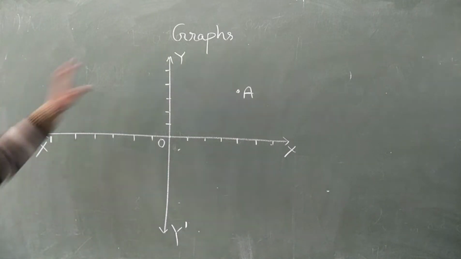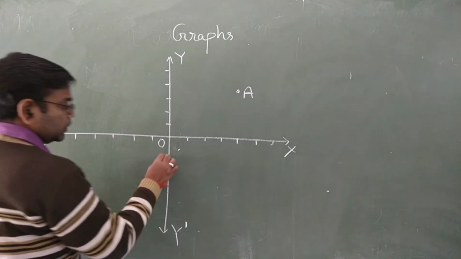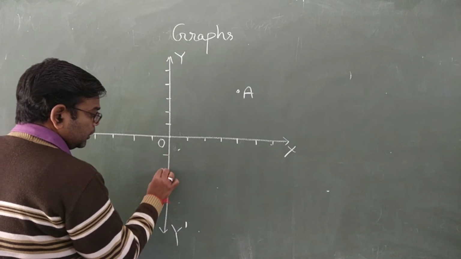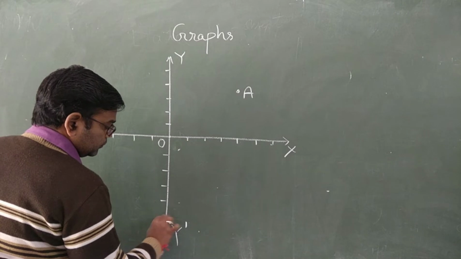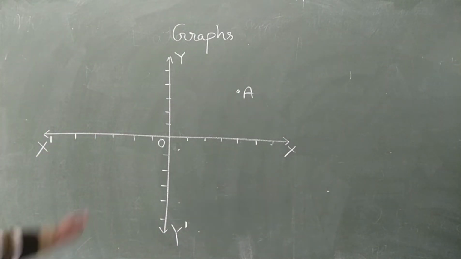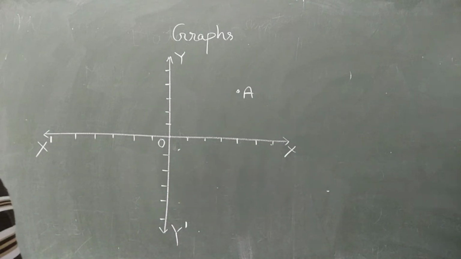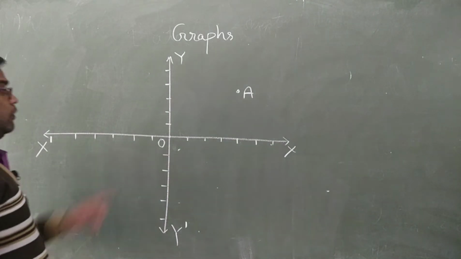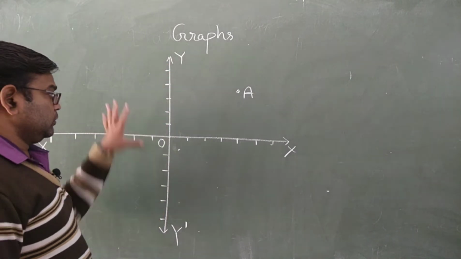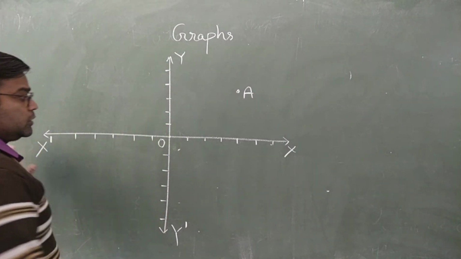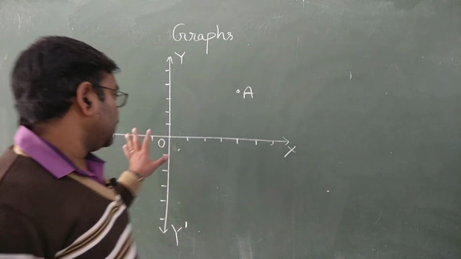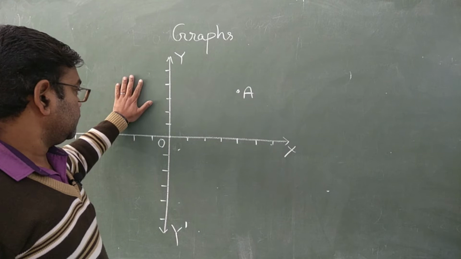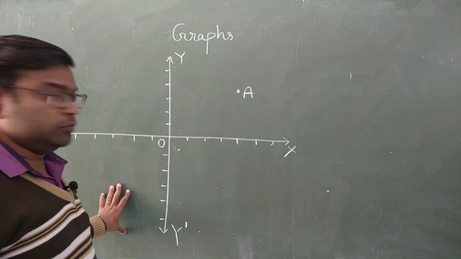For solving this exercise, all of you will need your graph copy or graph paper. Clear? Graphs are drawn in such a way, and this is drawn by you. In graph paper there are some small boxes, and then some bigger square boxes, and suppose these axes are drawn by you.